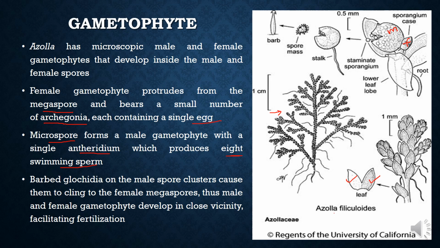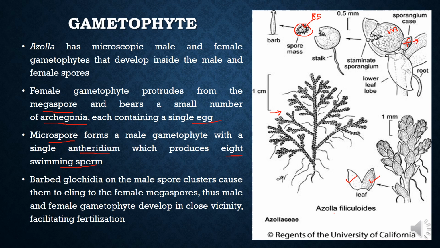Inside are the spore masses, and each spore mass contains many spores. The microspores, or male spores, each produce archegonia that produce 8 sperms.